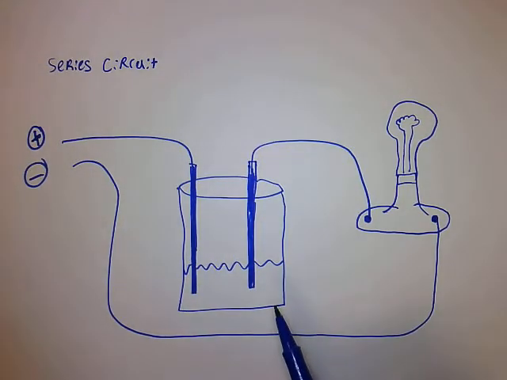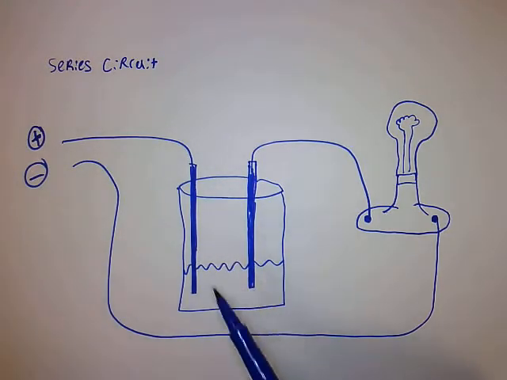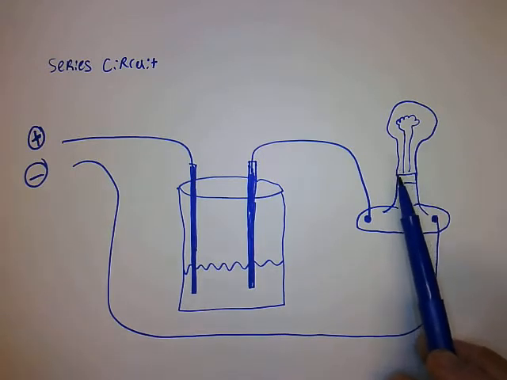Now, if you put pure water in there, the light bulb won't light, unless your water is tap water that's really, really bad, which most likely is not the case. If you put a non-electrolyte like sugar, a covalent compound, it won't light. If you put an ionic compound in there, if you dump salt in there, it'll light.